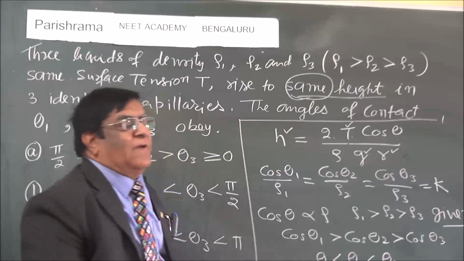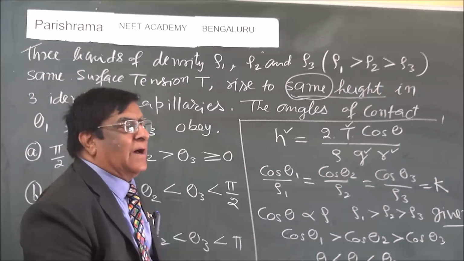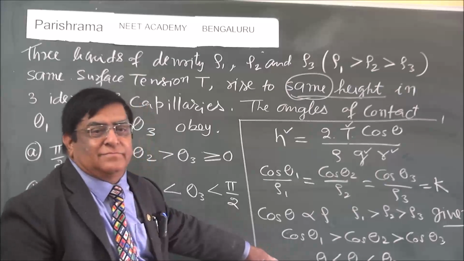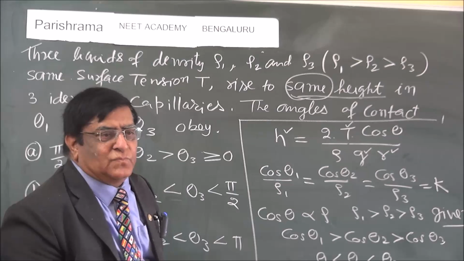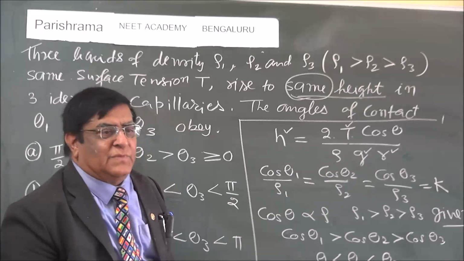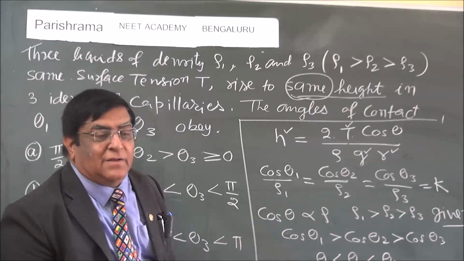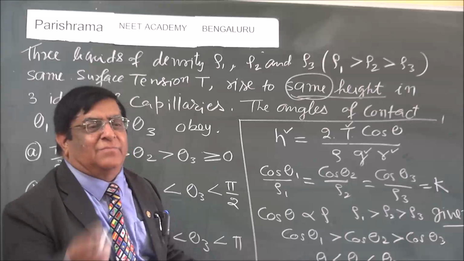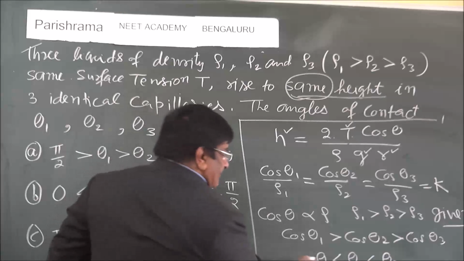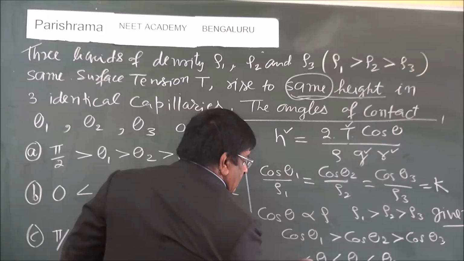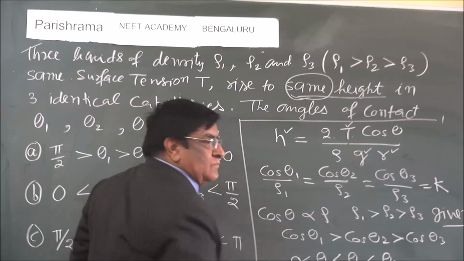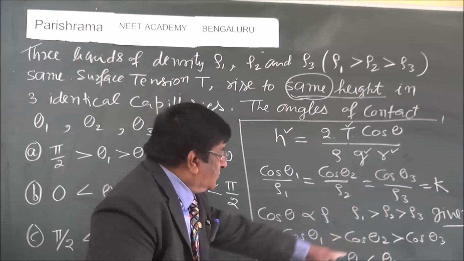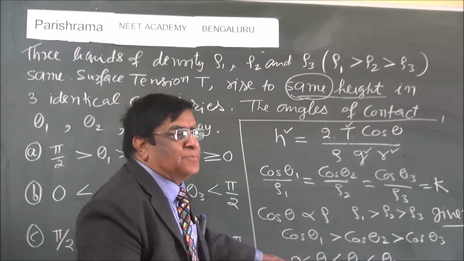What is the maximum value and minimum value of theta? Theta minimum, not cos. Minimum theta 0, for which cos will be maximum, 1. Right? Theta 1 is smallest. This can go up to 0.